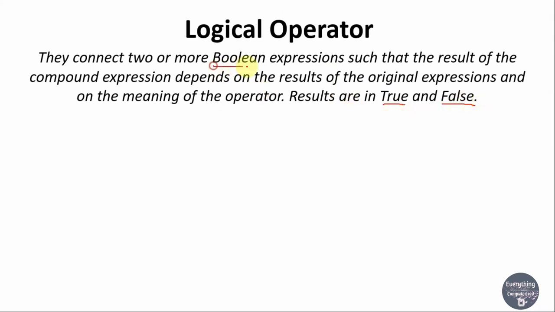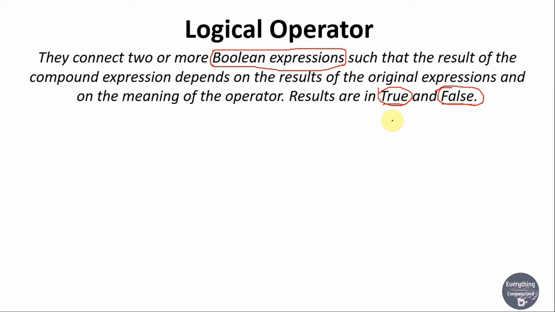To be clear, Boolean expressions are those expressions which give values in either true or false, and there is no other answer we can get from those expressions. Any expression which consists of comparison operators or logical operators is considered to be a Boolean expression. So the comparison operators and also the logical operators comprise Boolean expressions.